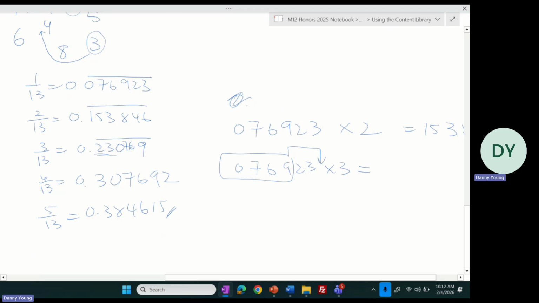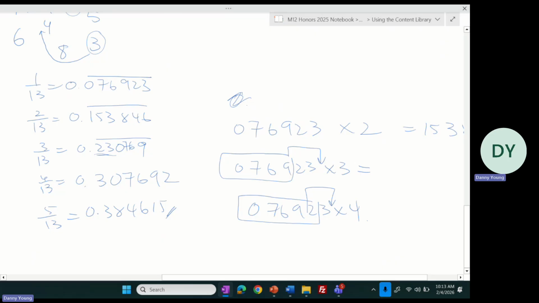If I times this by 4, I would use all of this, and this goes to the back. It is confusing. Is there a pattern to it? Yeah, we'll get to that. I can't teach it to you yet, but I will.